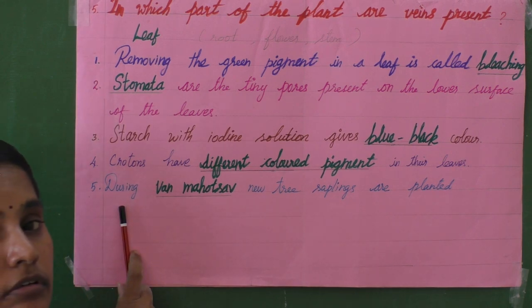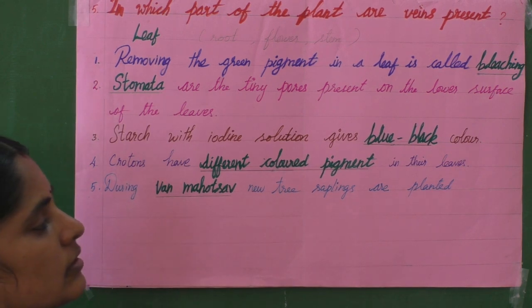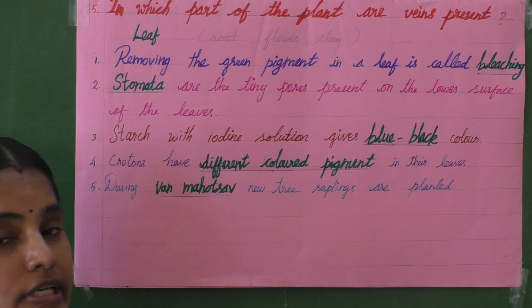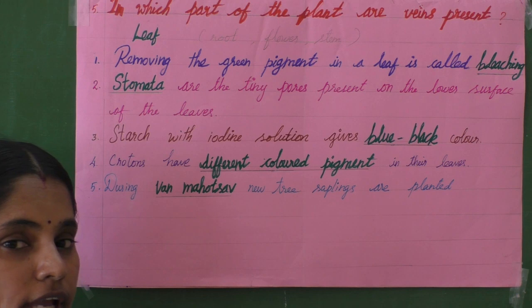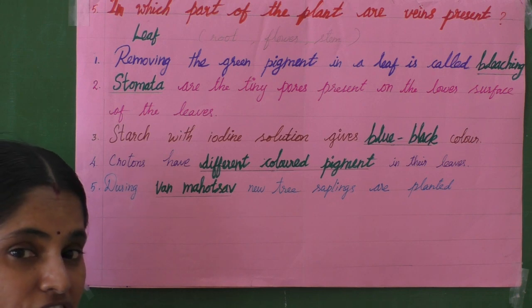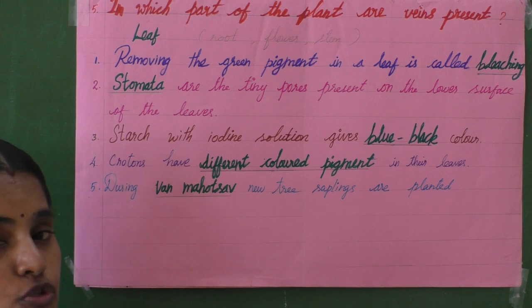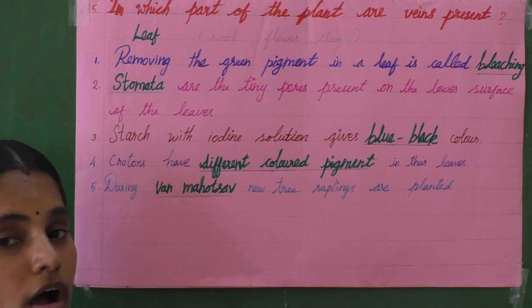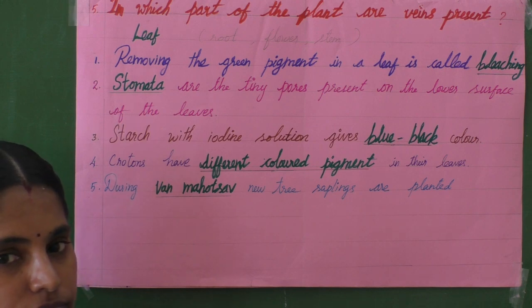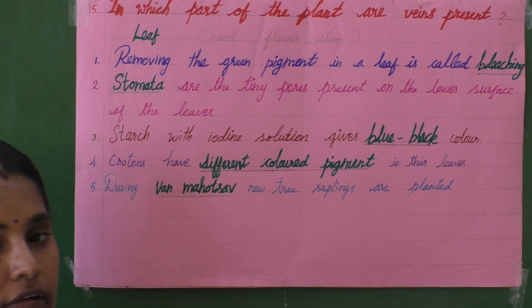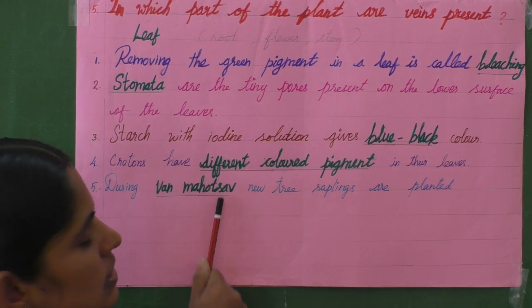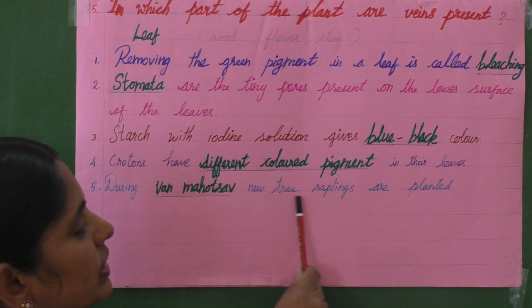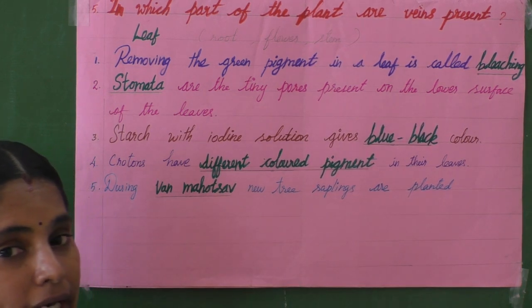Then, when we are planting more trees, here in our book they are giving importance to the festival called Van Mahotsav. So we write in that fill-up, during Van Mahotsav, new tree saplings are planted.